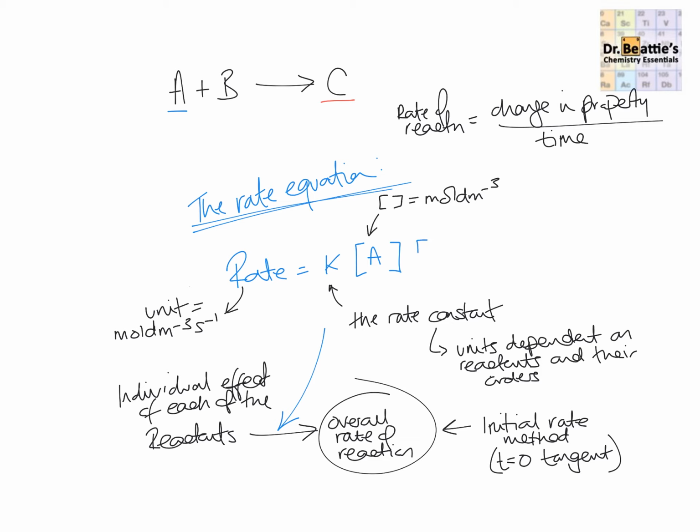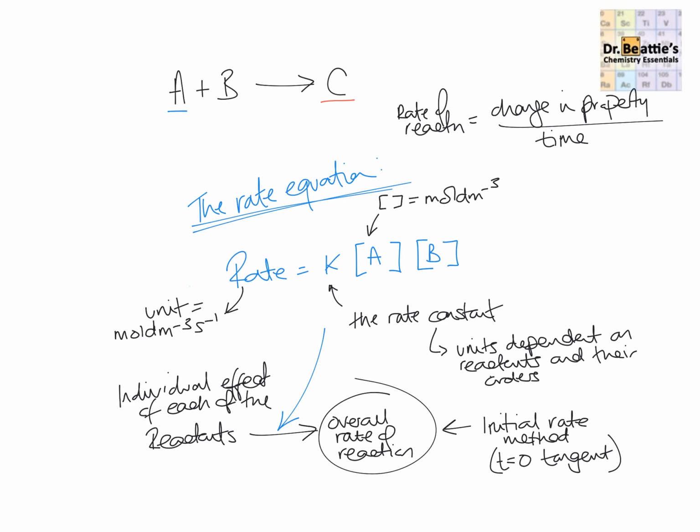And then also the concentration of the other reactant, B. Now at this point, it's important to note that your reactants A and B, in this case here, might not have exactly the same effect as one another on the rate.